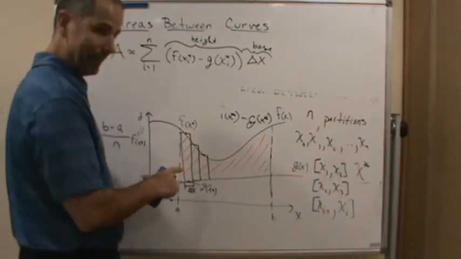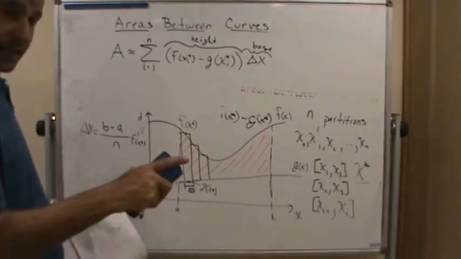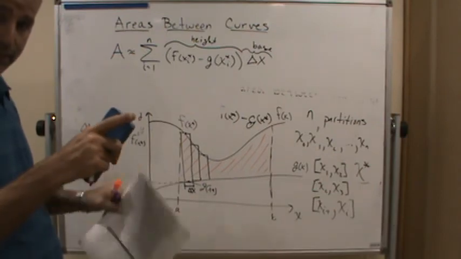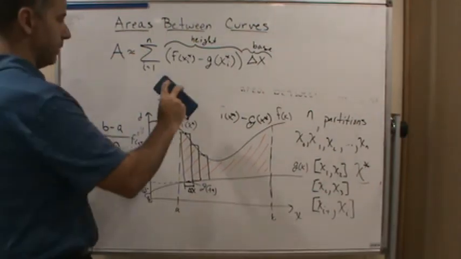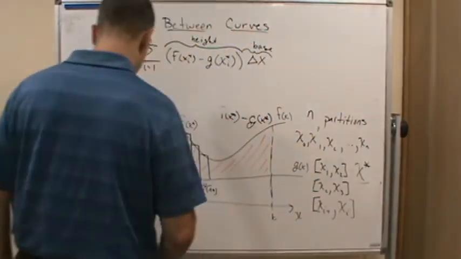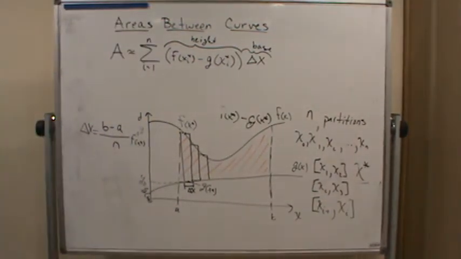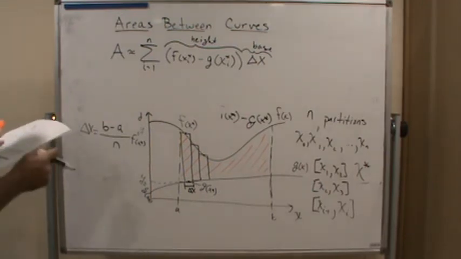That's going to be an error. But if I take more and more rectangles, I'm going to get a more and more accurate estimate of the area. So if I want the exact answer, I'm going to take the limit of this sum as n approaches infinity.